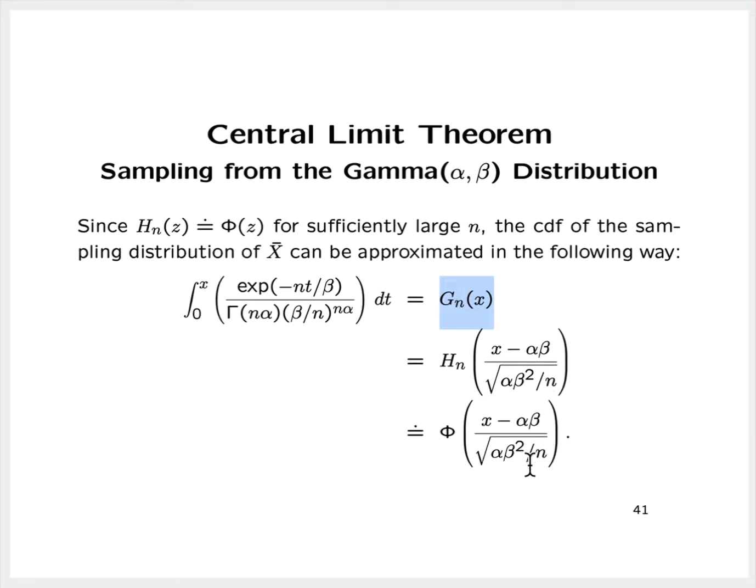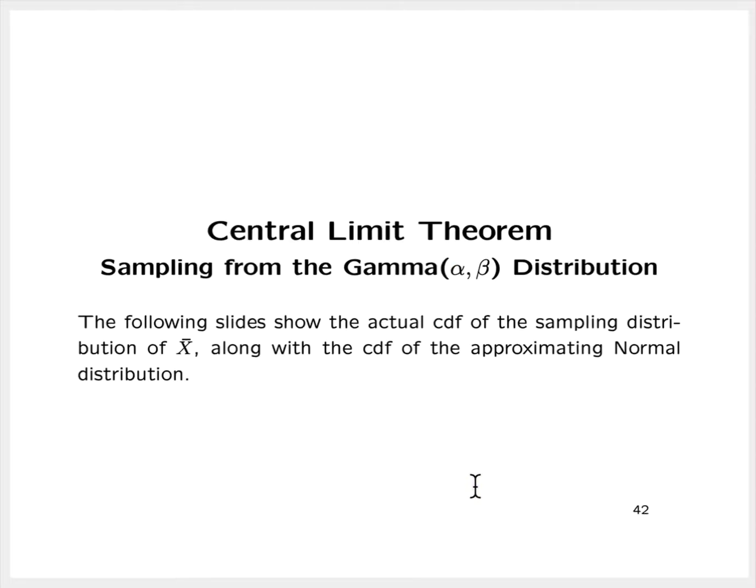I was talking about having to make an adjustment to account for the decreasing variance, and that is taken into account here. So the following slides show the actual CDF of the sampling distribution of X bar along with the CDF of the approximating normal distribution. The approximating normal distribution has the same mean and the same variance as X bar.